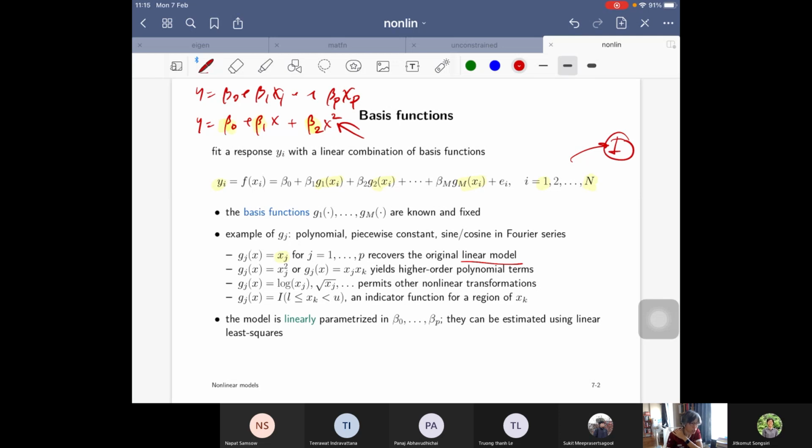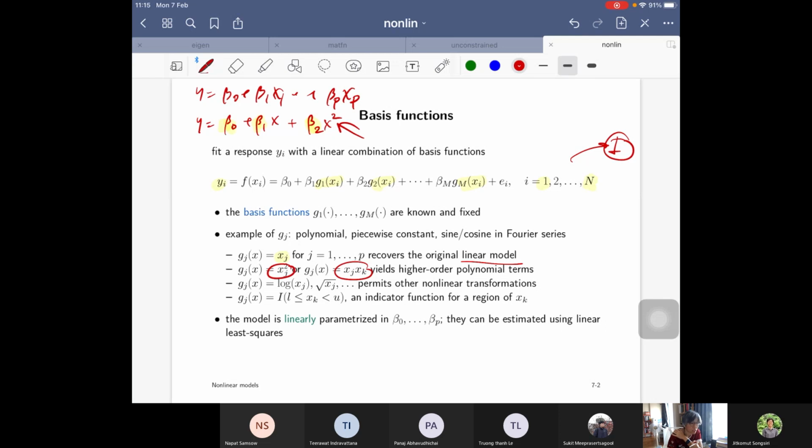Okay, g_ij can be a power in x_j, second order, third order, or maybe a term that is a product between two predictors, x_j and x_k.